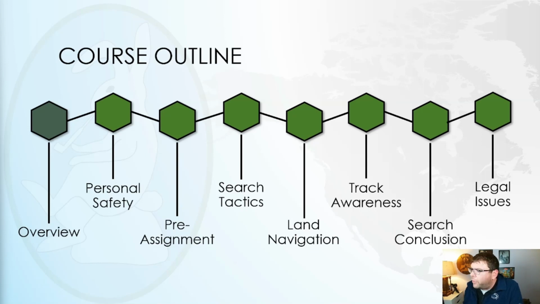We're covering 2 different audiences with this training: the brand new searcher that has never had a search and rescue class before, but also the search and rescue volunteer that has been around for a few years and just wants a refresher. This is going to help them with their refreshers as well.